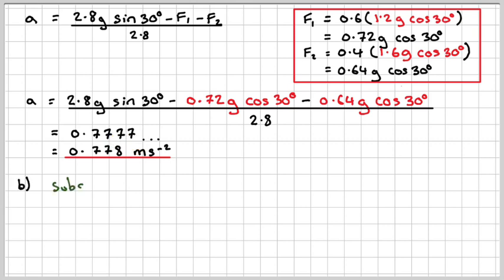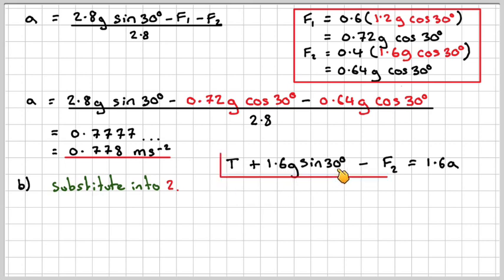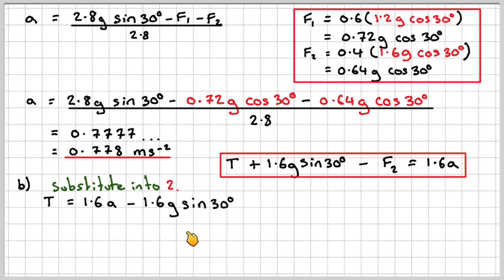So for part B, we'll substitute into equation 2. Equation 2 was T plus 1.6 g sin 30 minus F2 is equal to 1.6a. So we're going to get T is equal to 1.6 times a minus 1.6 g sin 30 plus F2. Basically we're taking these two things to the other side. That will give me 1.6 times the answer, not rounded off.